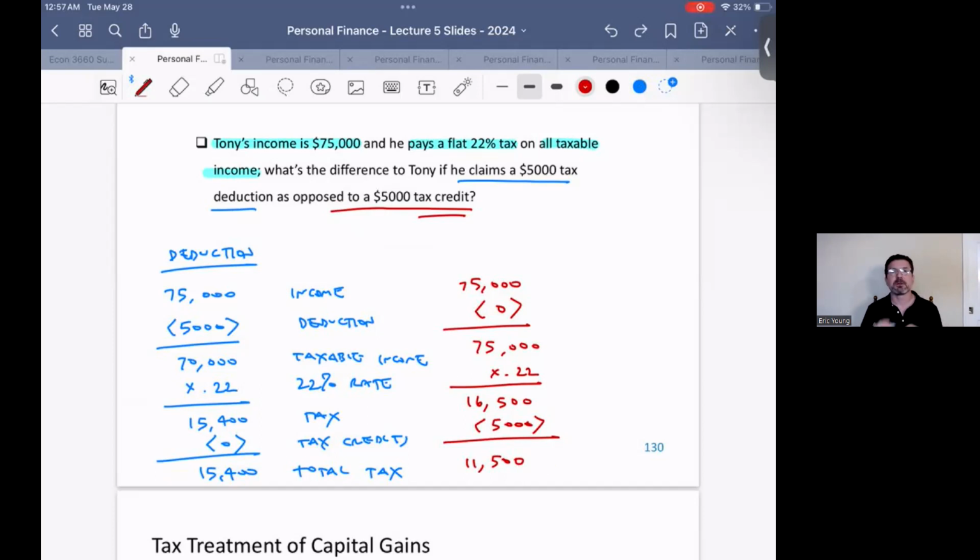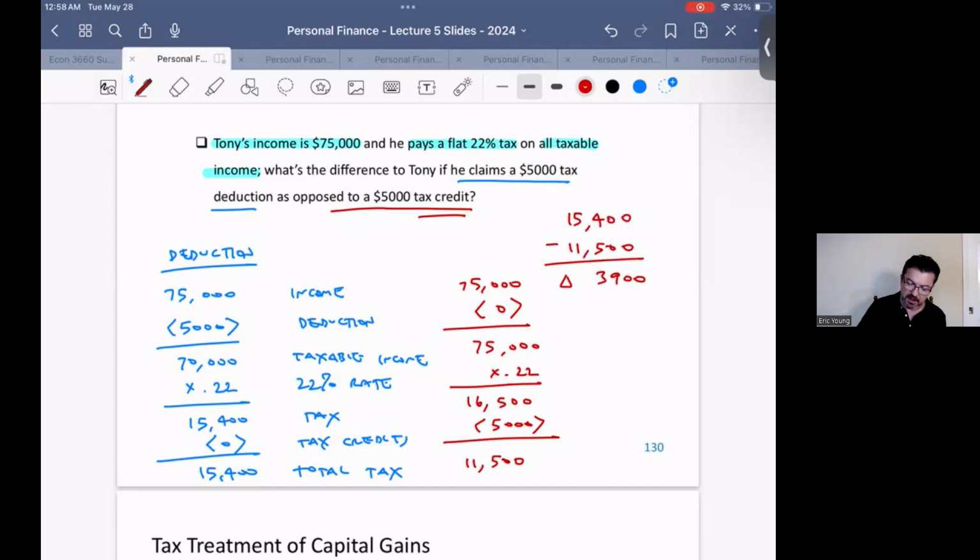By the way, one little bit of weird tax math for you, if you want to follow this. Notice that if he took the deduction, his tax bill was 15,400. If he took the credit, it was 11,500. The difference there, the delta, is 3,900.